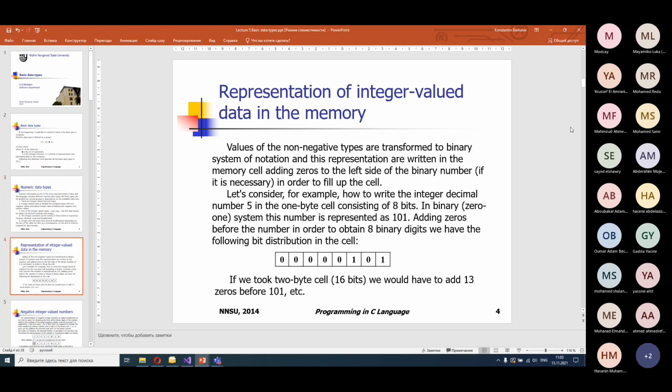Of course, this information may not be very useful for you in writing programs, but you should understand these fundamentals of storing numbers. And first, I want to say a few words about the representation of integer data in computer memory.